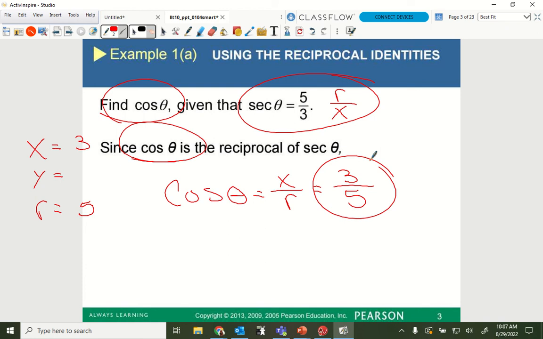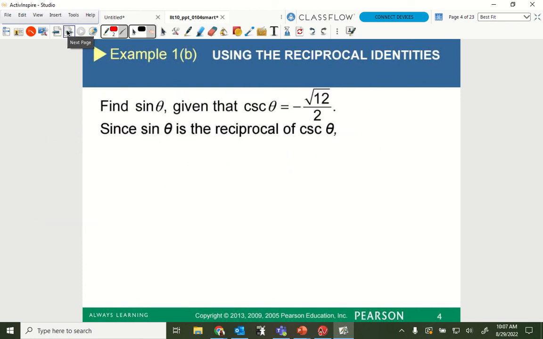Let's go back and look at the next one then. It says find sine theta. So from the 1.3 notes, sine represents what? Y over R. Very good. Cosecant.